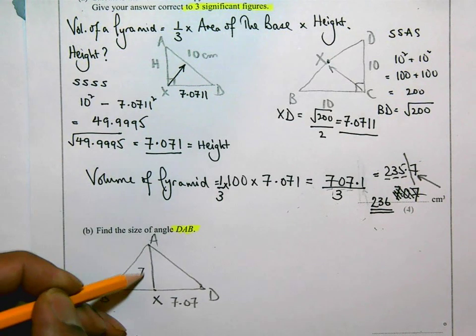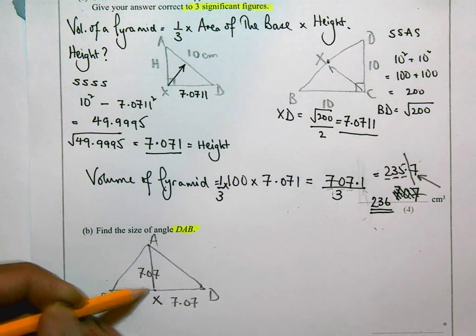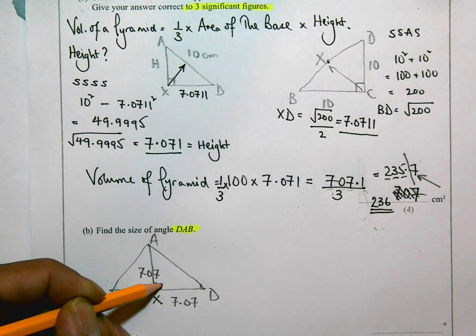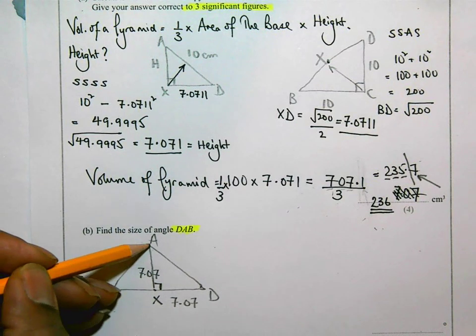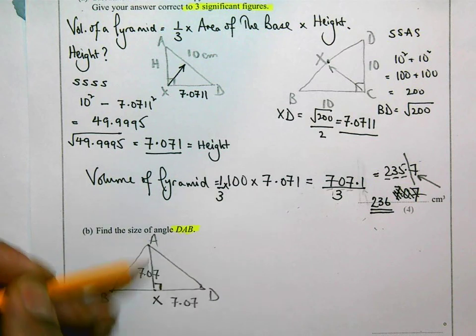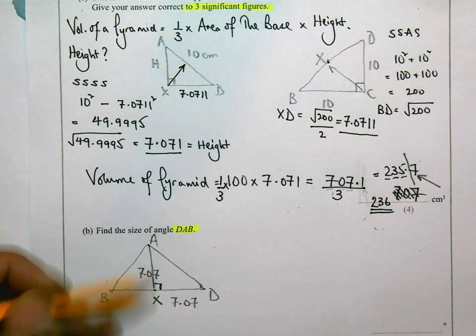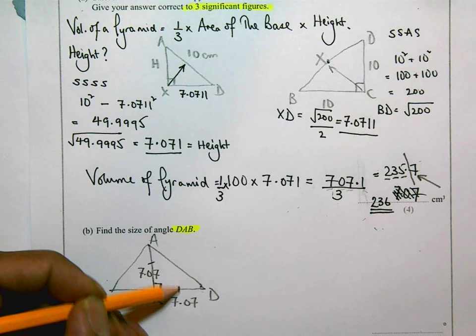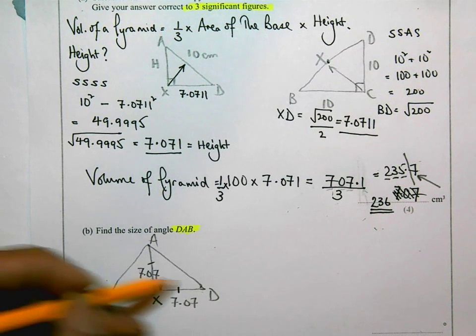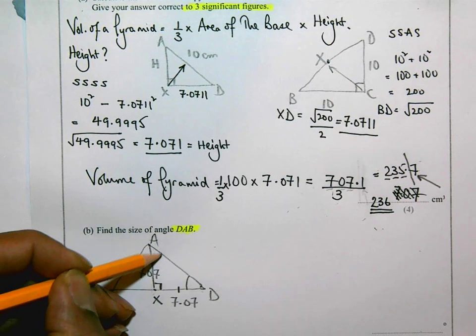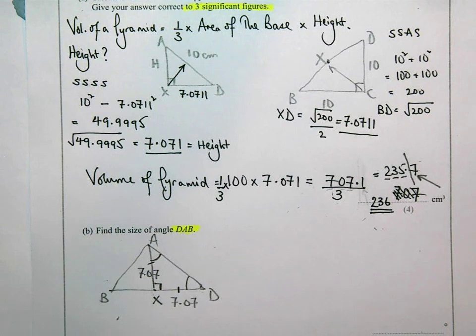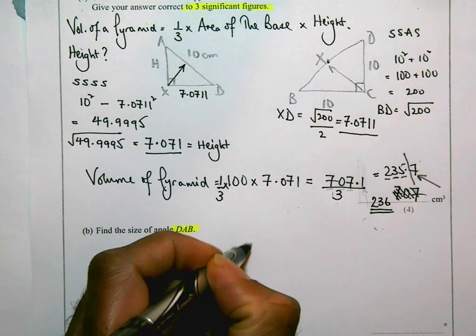What that tells us about this triangle is it is an isosceles triangle. That side is equal to that side. And because it's an isosceles triangle, that means these two angles here are equal. I'm going to write that down. There are only 2 marks for this part of the question, but I'm going to make sure that I do get them. I'm going to put the triangle AXD is isosceles.